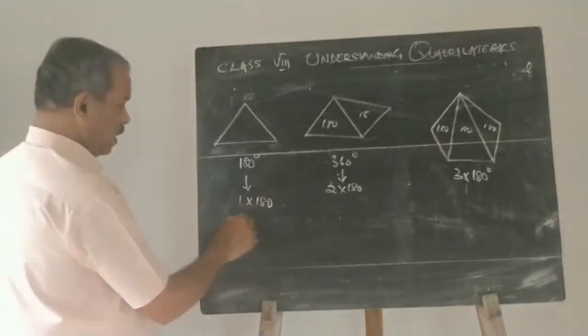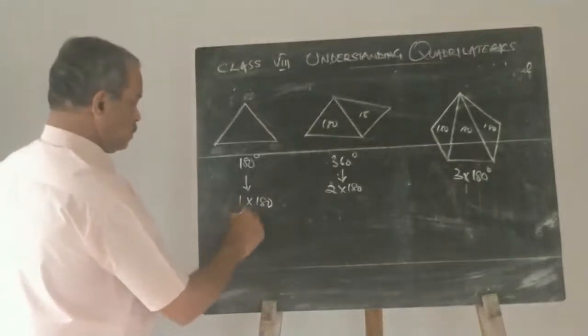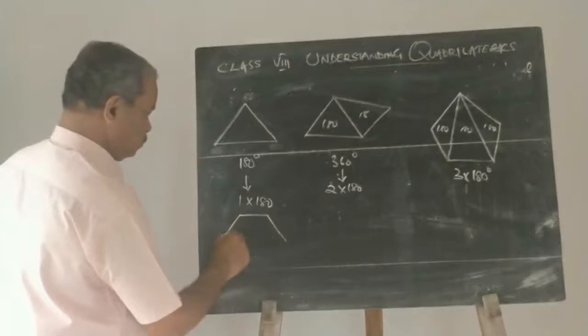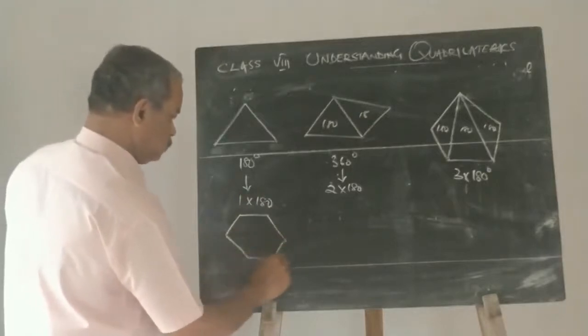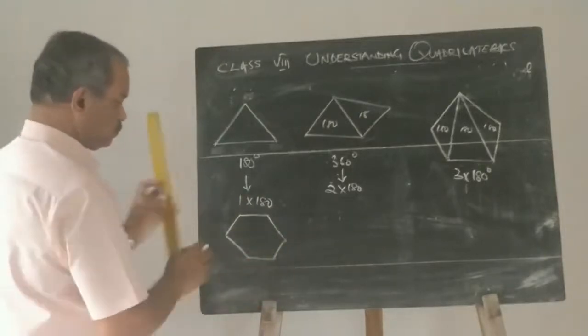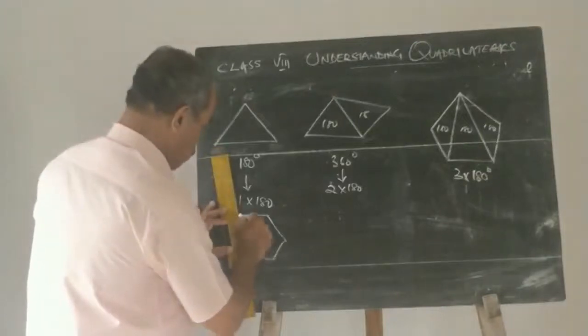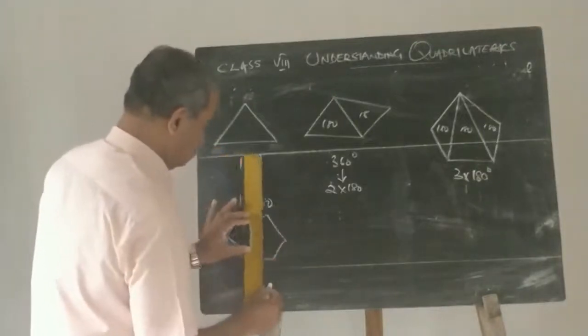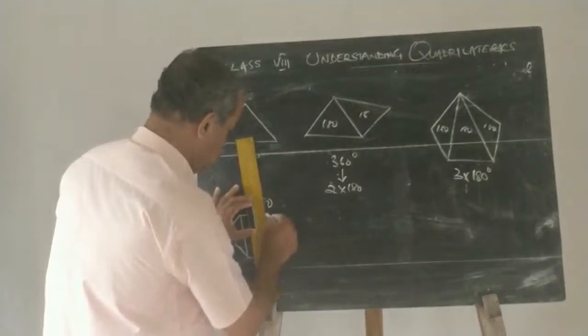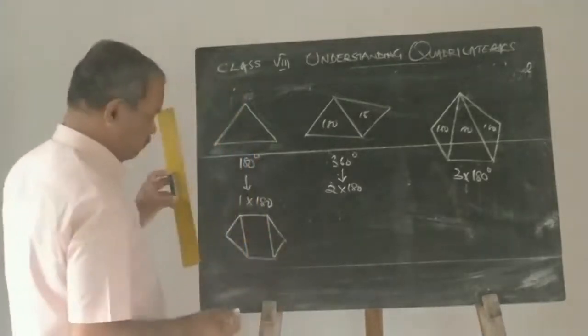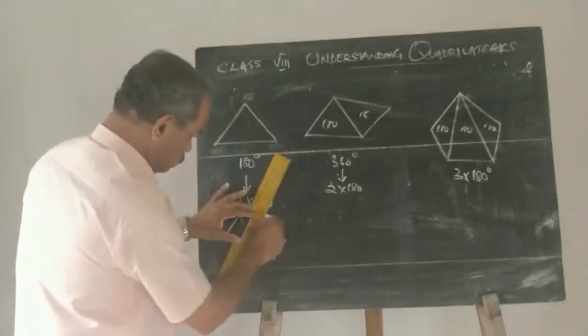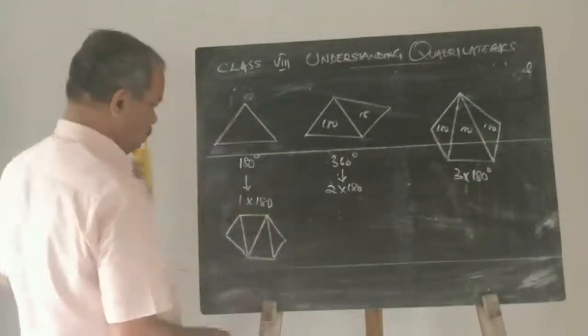Now let us consider a hexagon, 6-sided. How many diagonals can we draw? 1, 2, 3.